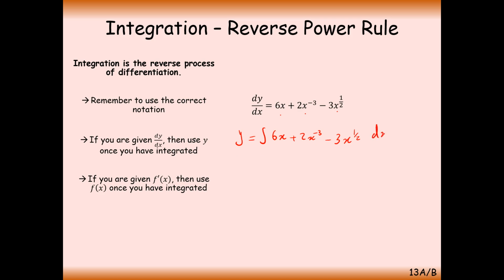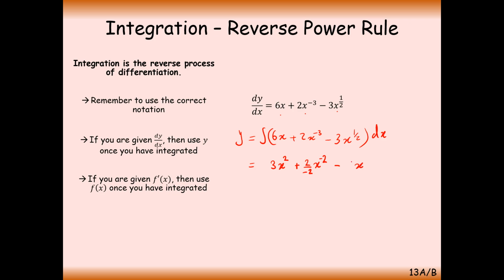We put dx here. When dx is there, it means it applies to every term. All right, so what is the new power of x? It will be 2, and dividing 6 by 2 is going to be 3. I'm just going to write 3. So what is the new power? When you add 1 to minus 3, it will be minus 2, and 2 over minus 2. Now you can tidy this up in the next line.